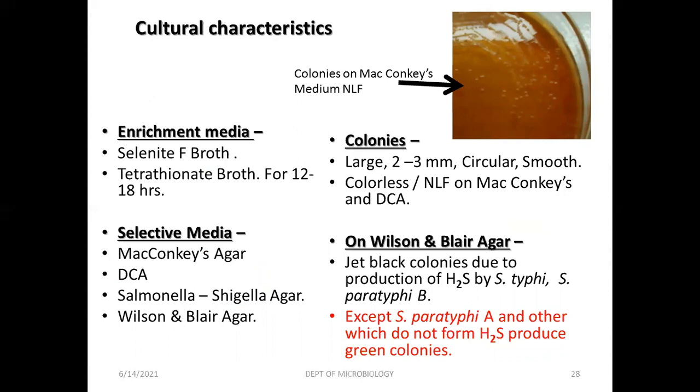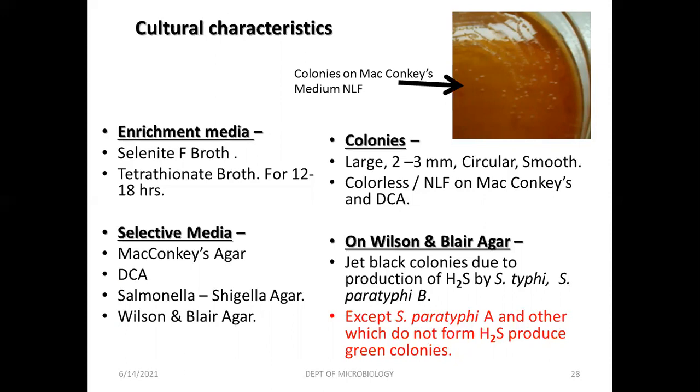Cultural characteristics: colonies on MacConkey are lactose non-fermenting pale colonies. Enrichment media are selenite broth and tetrathionate broth. They can be enriched in these media for 12 to 18 hours, and then subcultured on selective media such as MacConkey agar, deoxycholate citrate agar (DCA), Salmonella-Shigella agar, and Hektoen agar.